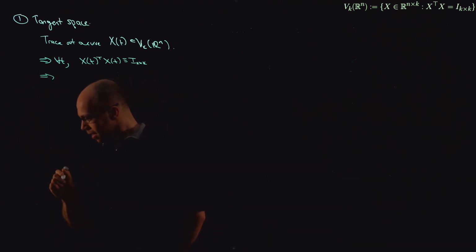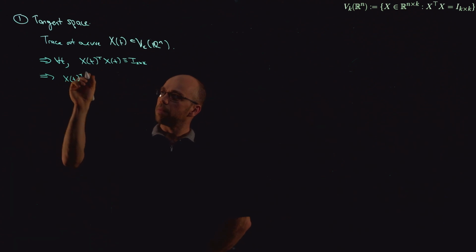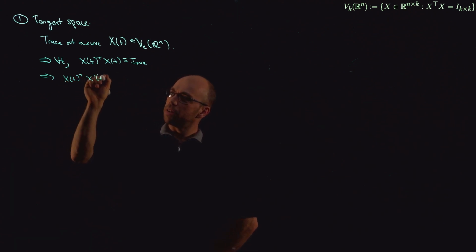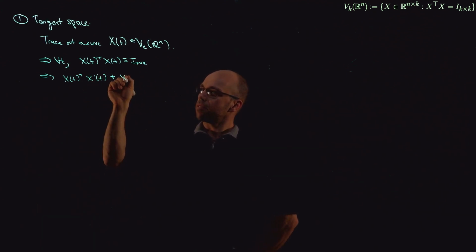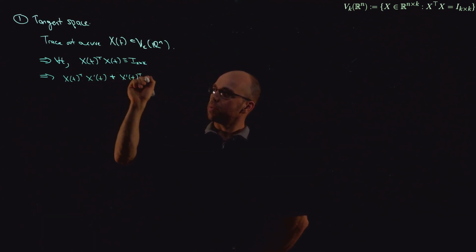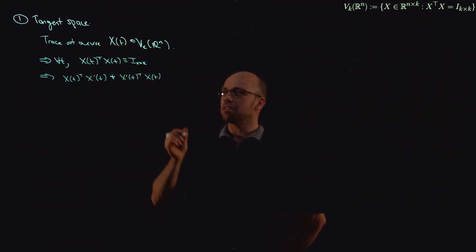And what am I going to get? Well, if I differentiate, then I'll get x of t transpose x prime of t. This is just the product rule, plus x prime of t transpose x of t. I will be a little careful because we're in matrix land, so things aren't commutative anymore.